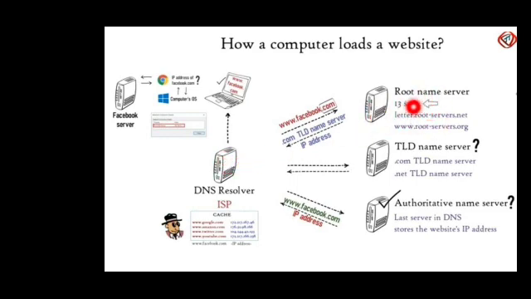As I said previously, you have 13 different root servers. It can send the request to whichever root server is very near to it. This root server will check what the extension is. It will see .com is the extension, so it will send the IP address of the .com TLD name server.